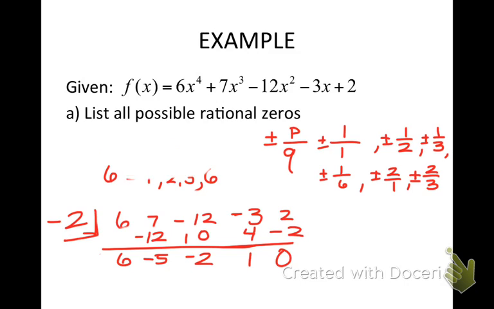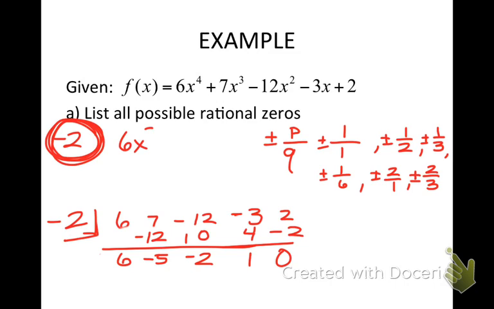All right, so I know that negative 2 is one of my zeros, which is nice. So I'm going to circle that. What degree polynomial did this take me to? The third, right? So now I have the polynomial 6x cubed minus 5x squared minus 2x plus 1.